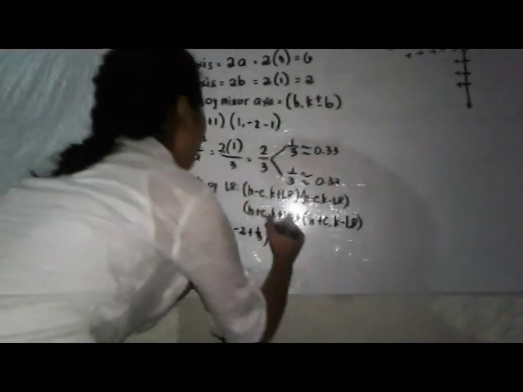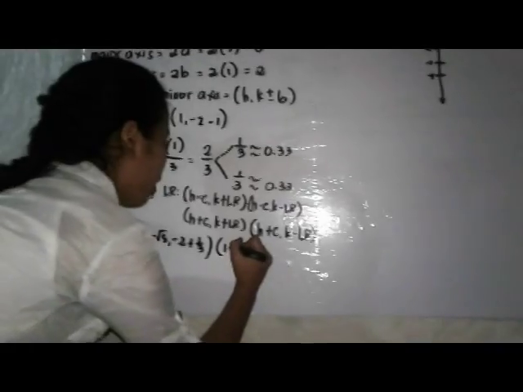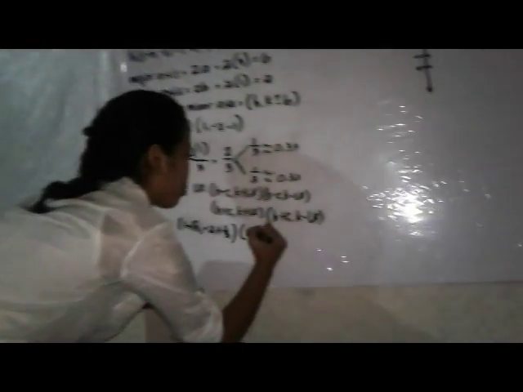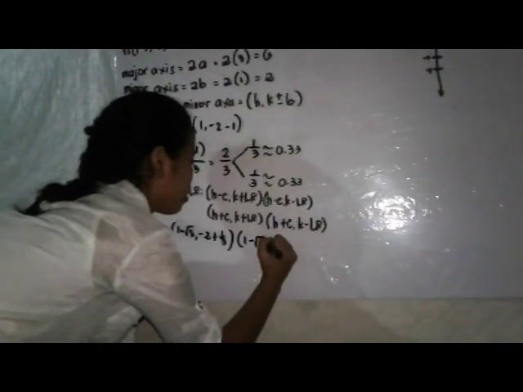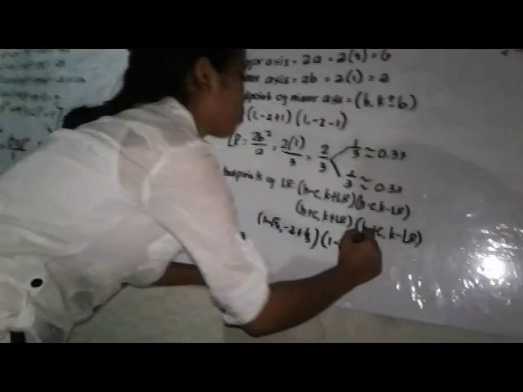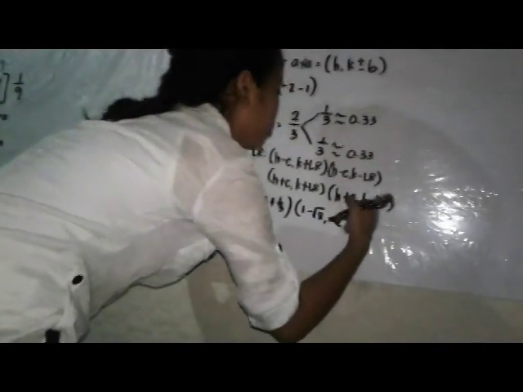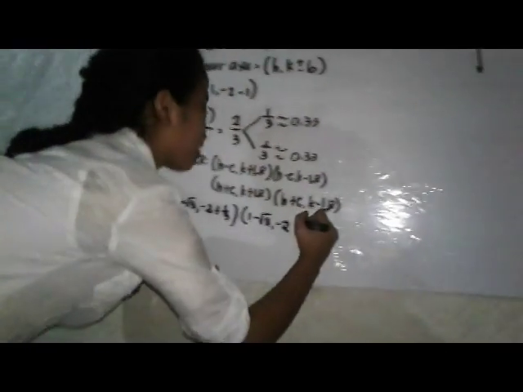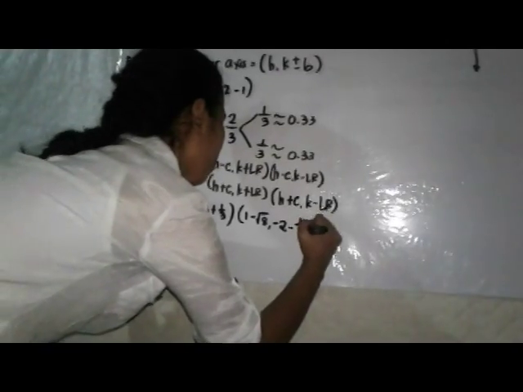Then next, we have to substitute this. We have H, this is positive 1. Then our C, which is square root of 8, so we have negative square root of 8. Then our K, which is negative 2, so we have negative 2. Then our LR, which is 1/3, so we have negative 1/3.